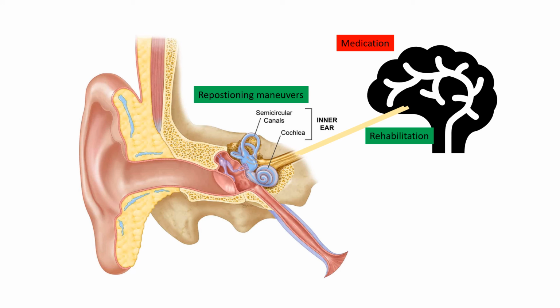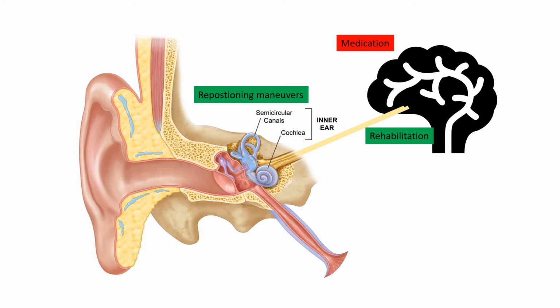And this picture just shows that you have your semicircular canals. This is where the repositioning maneuvers work, because you will try to reposition your crystals so that they go out of the semicircular canals and into this hub again. And when they're in the canal, this creates a signal to the brain. So what we're trying to do here with the repositioning maneuvers is reduce the signal.